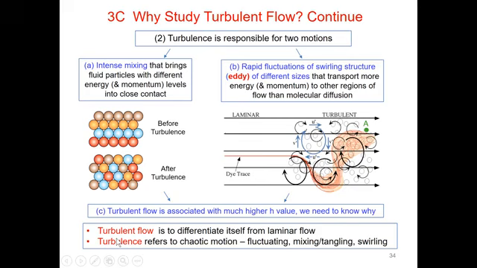To my understanding, turbulent flow emphasizes the difference from laminar flow. But turbulence specifically refers to the chaotic motion, the fluctuating, mixing, tangling, and the swirling.